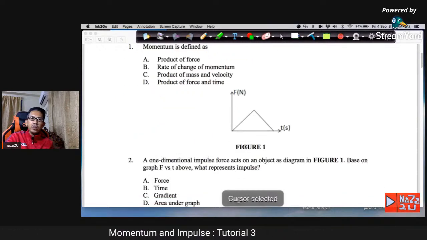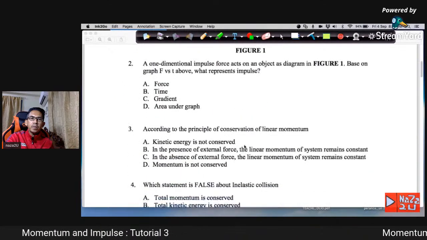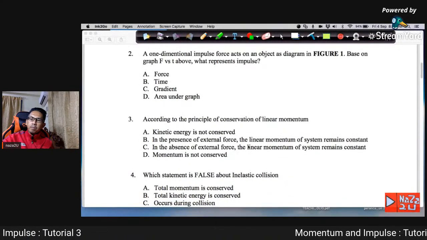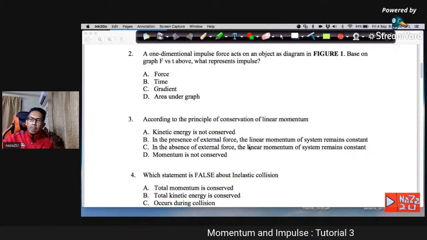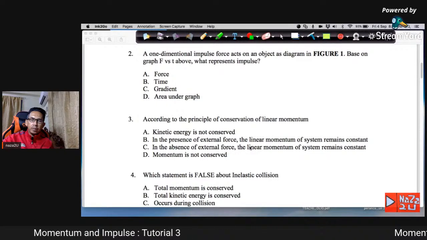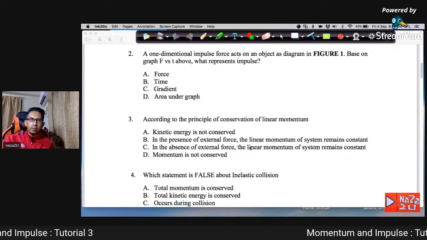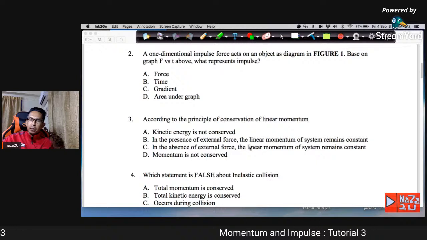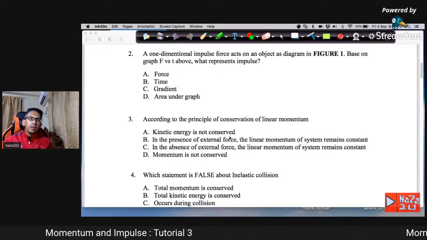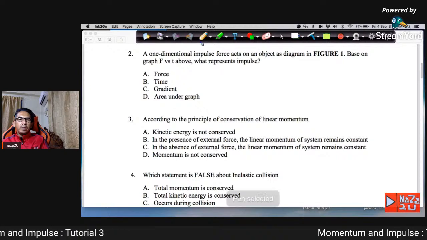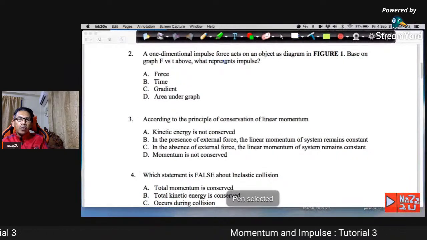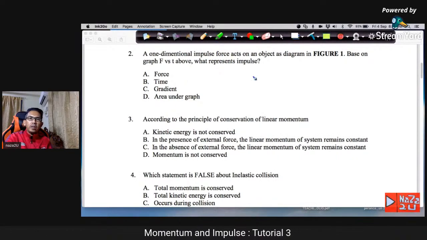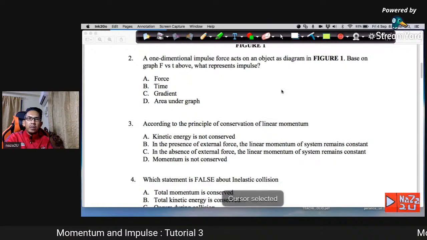Next question. Question number 2. One-dimensional impulse force acts on objects as in figure 1. So where is figure 1?